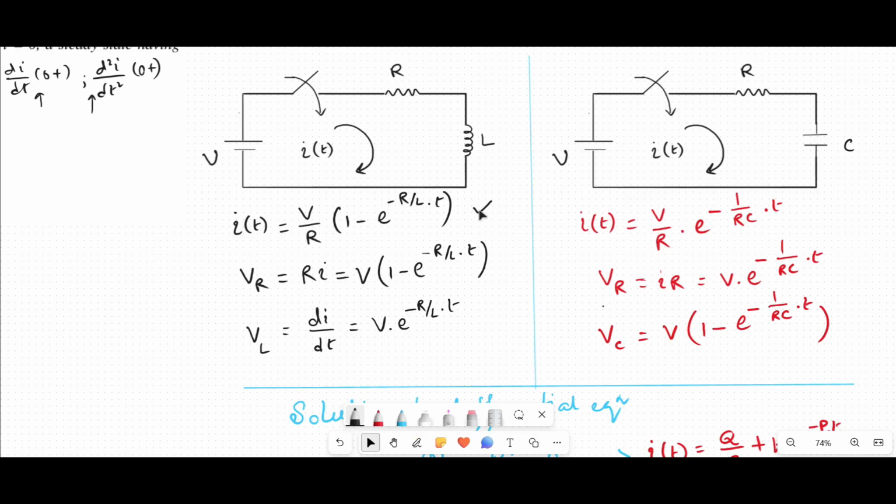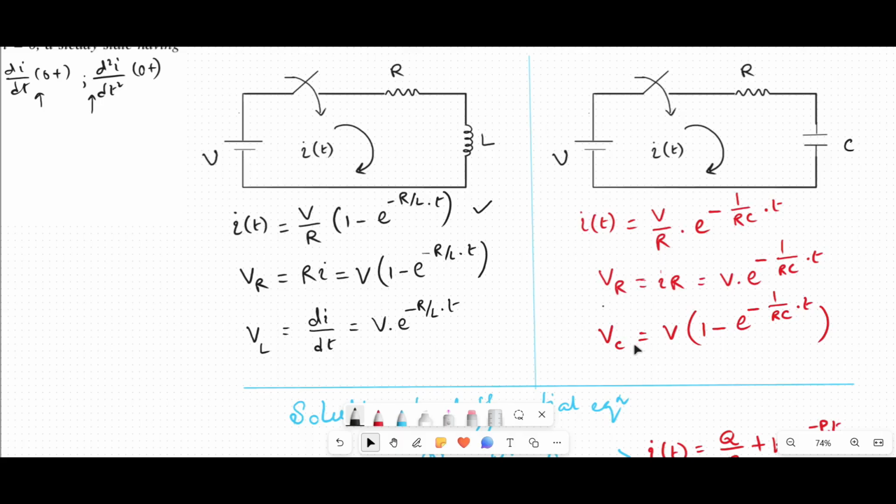You can memorize this, and from this you can get the value of VR as i into R. Put in the value of i and you will get this value. Similarly, we can get the inductor voltage by L di/dt, which can be found to be this. Similarly for the RC network, after solving for i(t) we get this, and from the value of i we can get VR and VC.